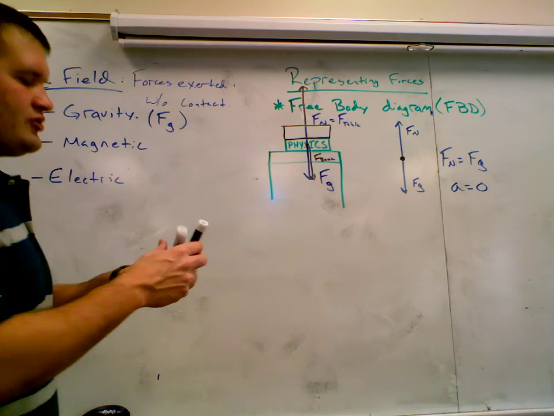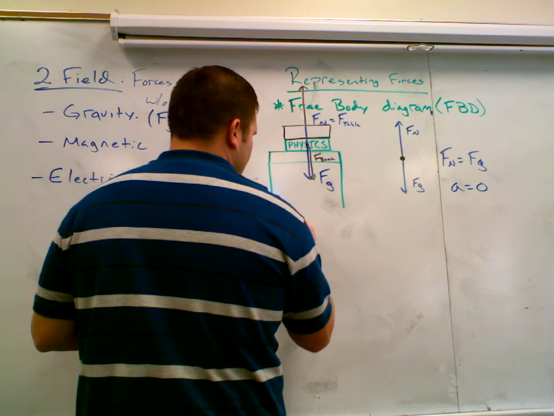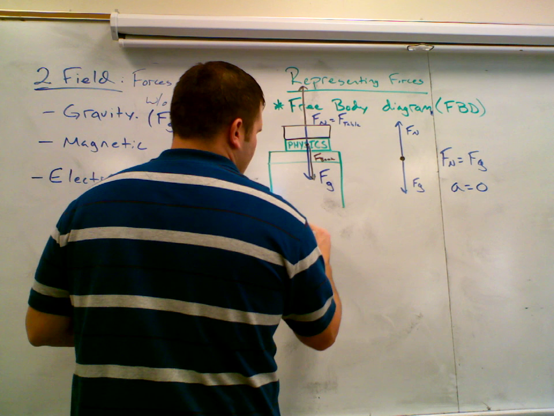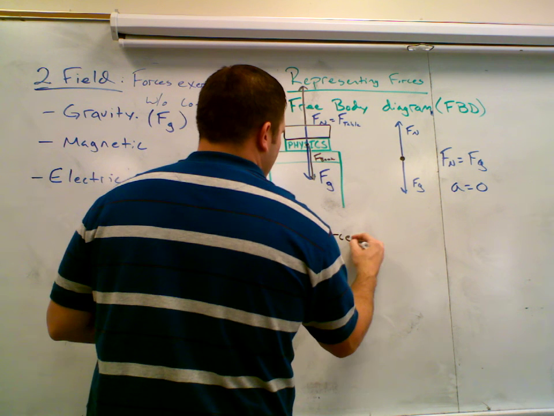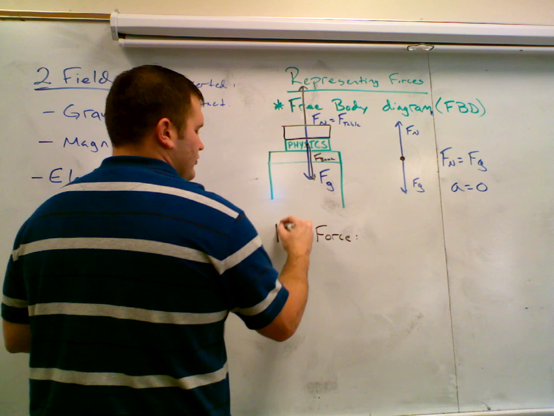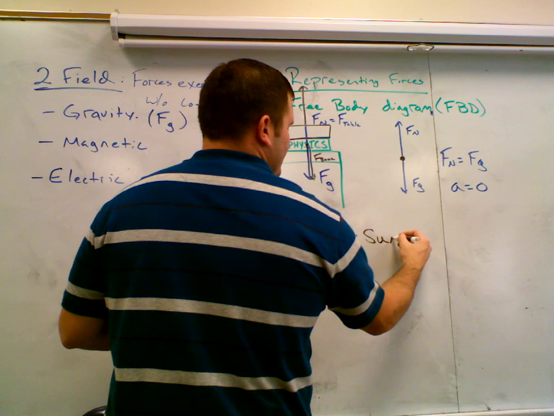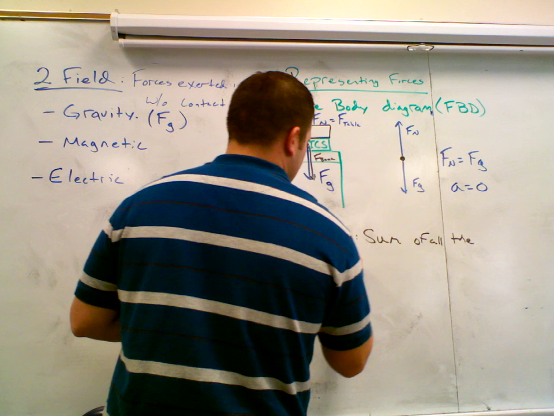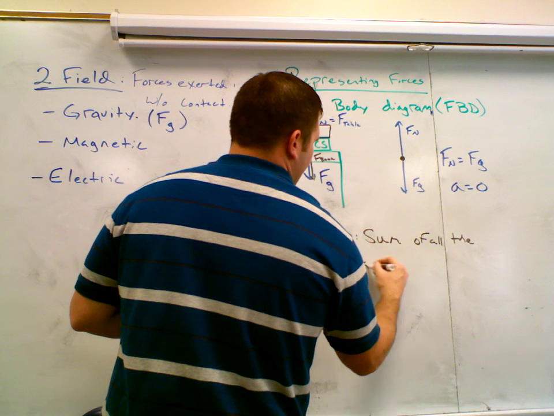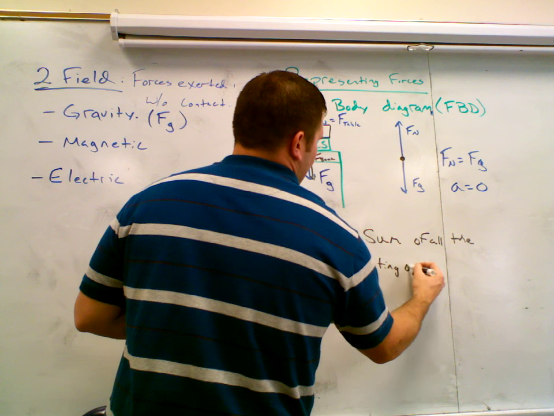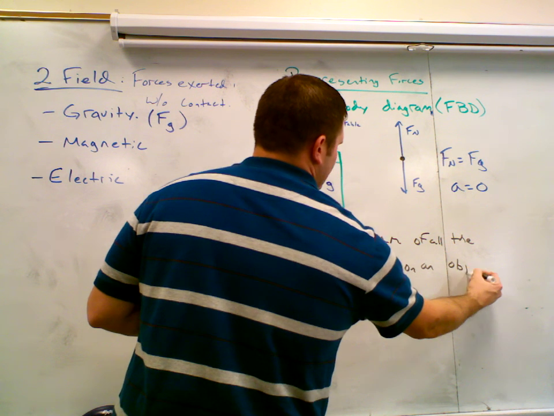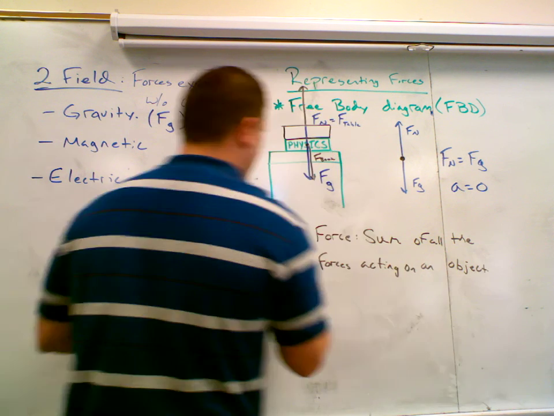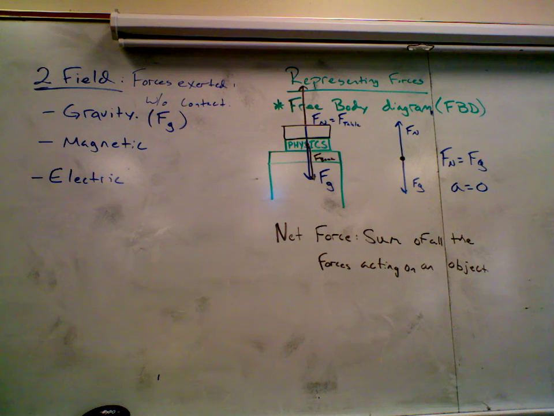Now one last thing, and we'll try out some examples. Last thing is net force. What is net force? Combined amount of force. The net force is the sum of all the forces acting on an object. And it's the same as adding vectors. Yep, it's basically vector addition.